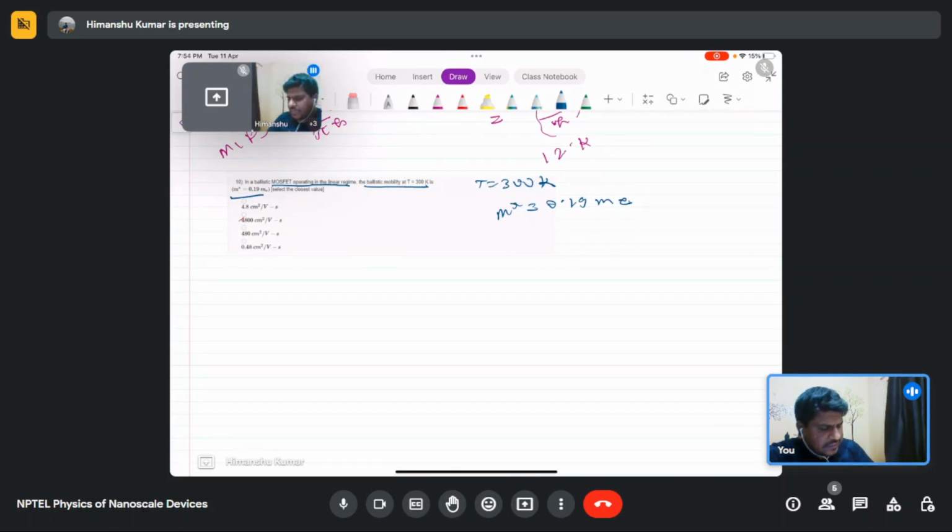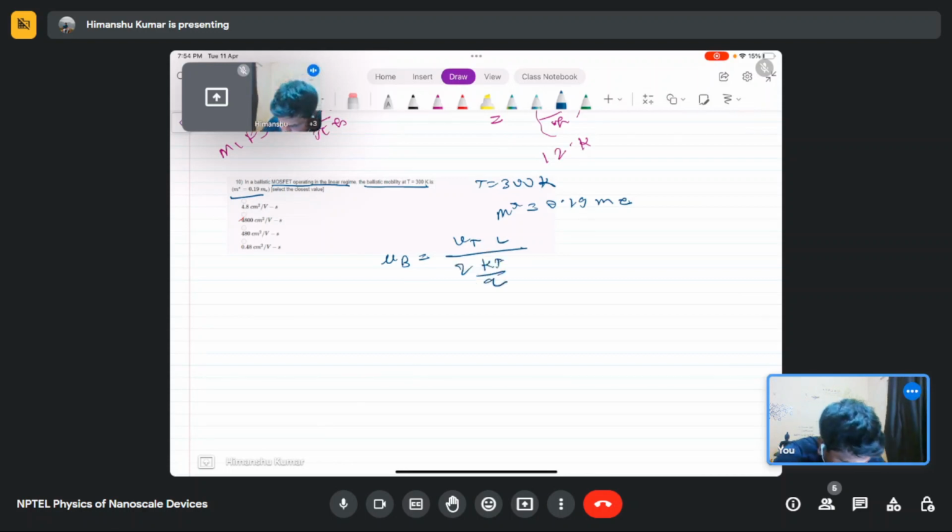The ballistic mobility mu of B is given by Vt, the unidirectional injection velocity, and then by L by twice of Kt by Q. But the thing is, this L is not given. Just wait.